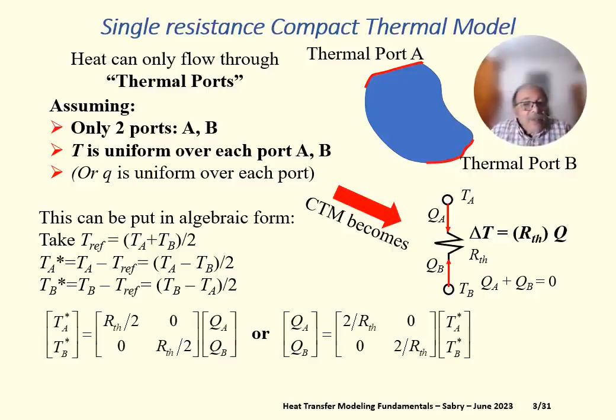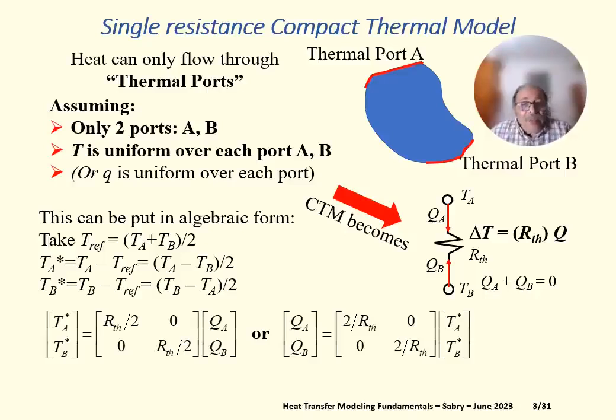First, I will define a reference temperature, which is the average, TA plus TB over 2, and then I will define TA star, which is TA minus TRF, and TB star, which is TB minus TRF.